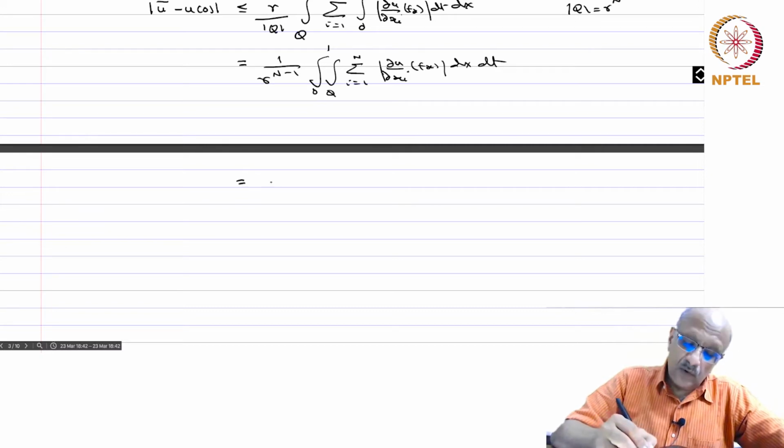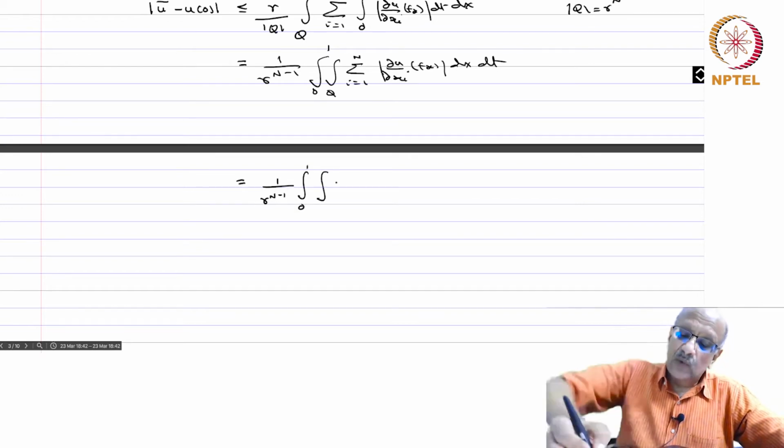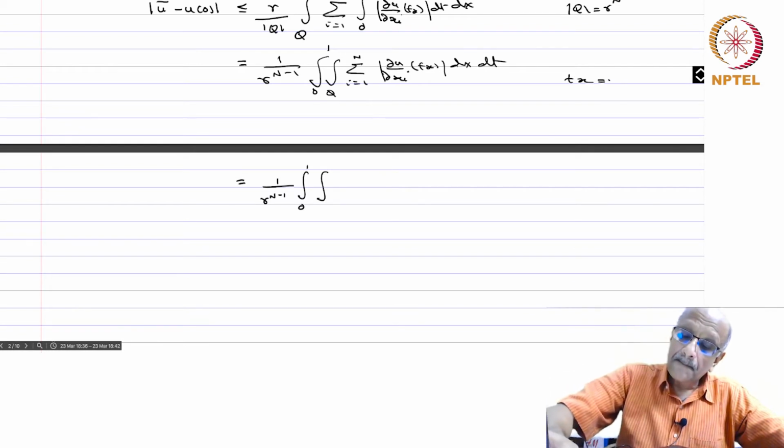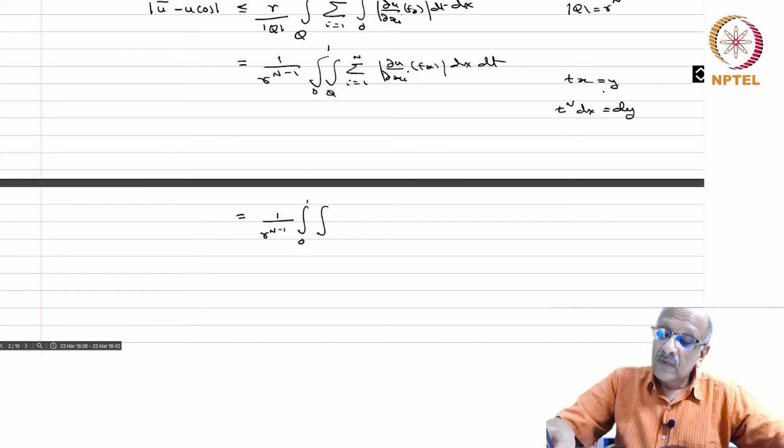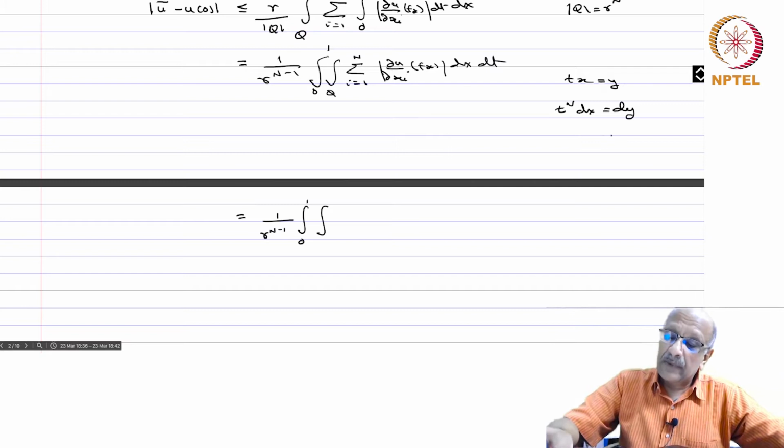And that is equal to, I am going to make a change of variable, 1 by r power n minus 1 integral 0 to 1, and then I am going to make tx equal to y. So t power n dx will be dy, because each xi will pick up one t, and therefore t power n dx is dx1 dx2 ... dxn, remember.